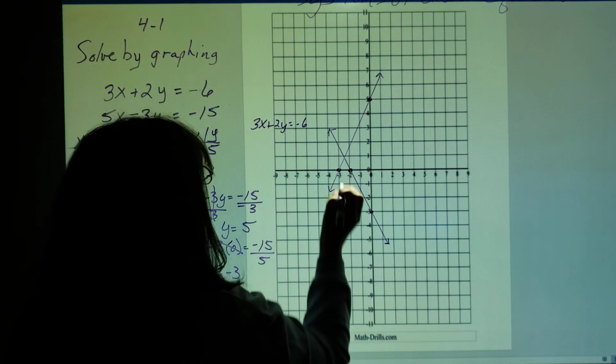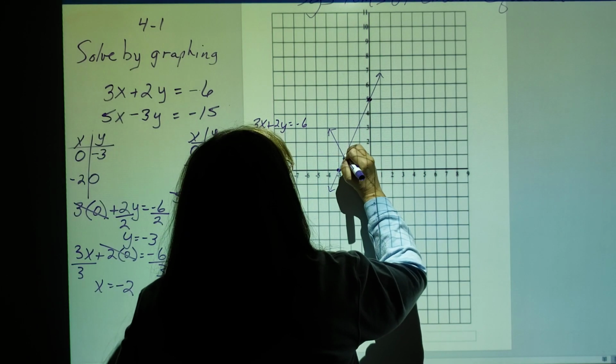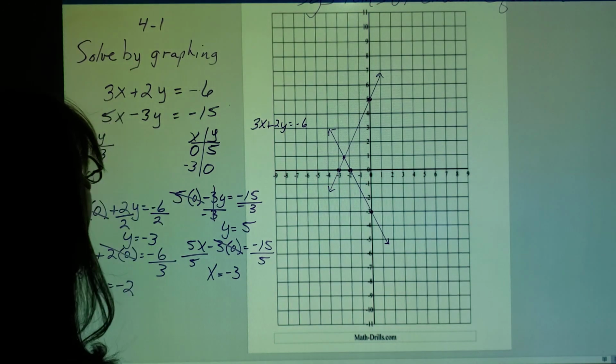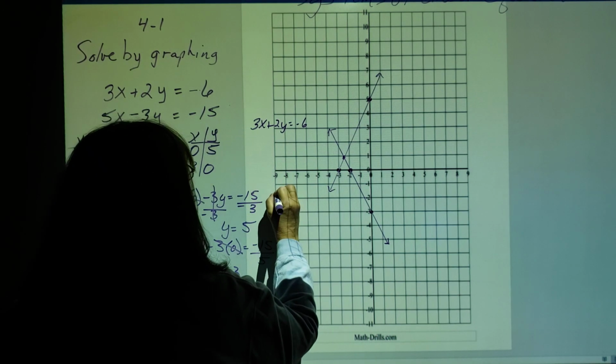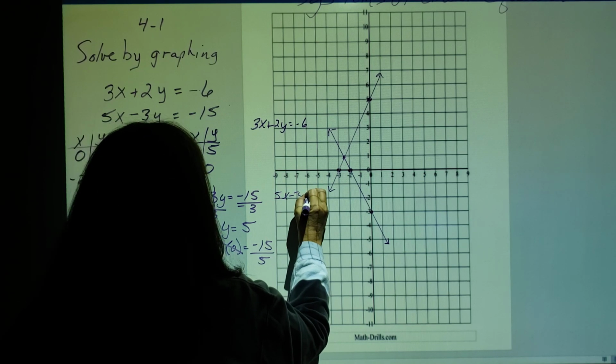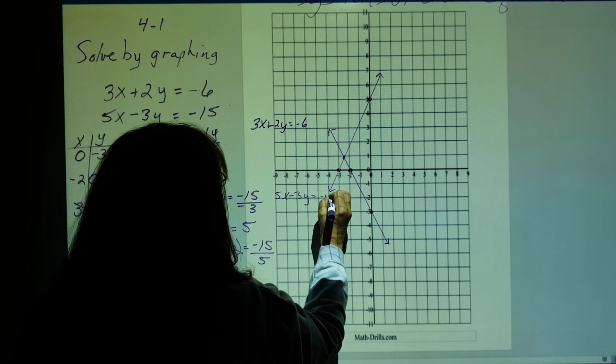All right, so where they cross is approximately here. So let's see, the equation of this line here is going to be our 5x minus 3y equals negative 15.